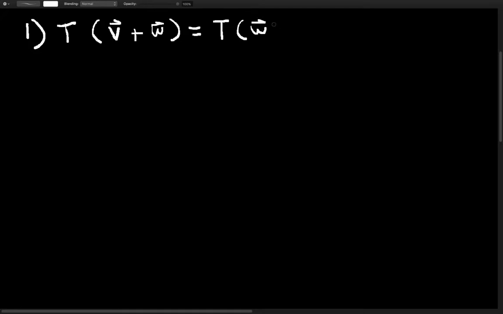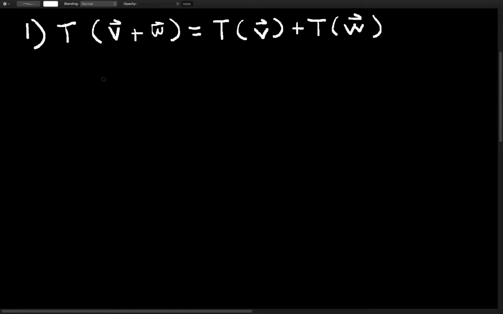So vector 1 plus vector 2, this has to hold.